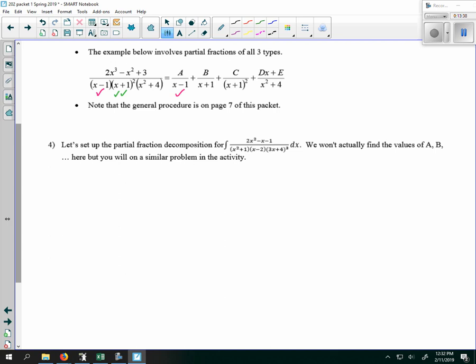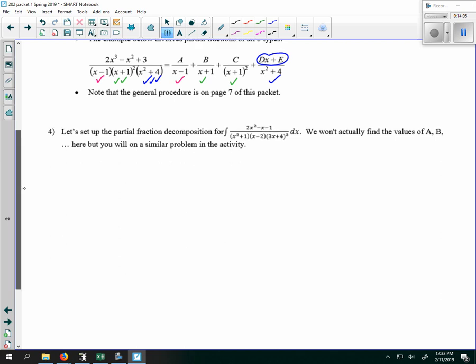So I need a constant over x plus 1 and then a constant over x plus 1 squared. And then I have an irreducible quadratic x squared plus 4. You can't factor that any further, so I need a linear term on top of the x squared plus 4. The general procedure for this is on page 7 of the packet, in case you need it for reference.